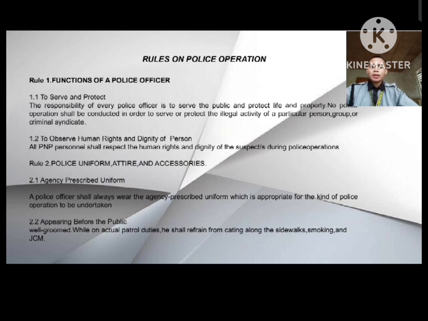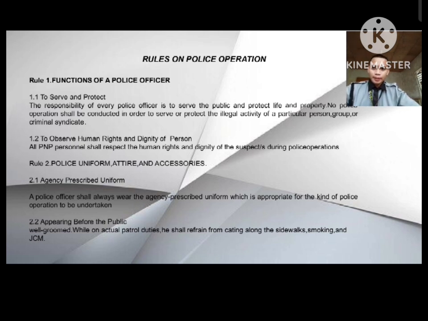Even those who are suspected of committing crimes, this includes treating suspects properly during arrest, investigations, and detention. It means that every police officer enforcing the law must go hand in hand with respecting human rights.